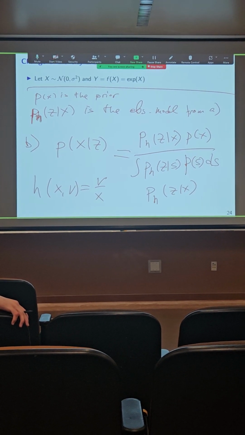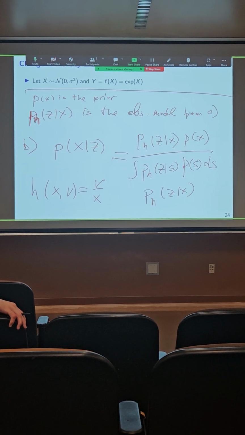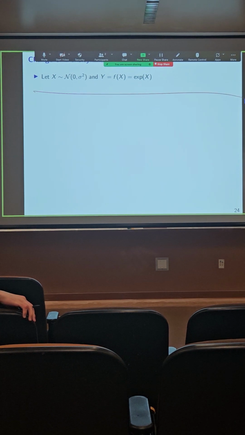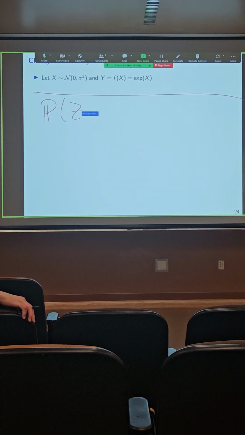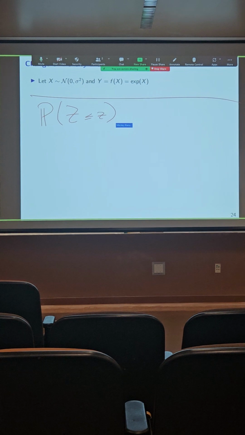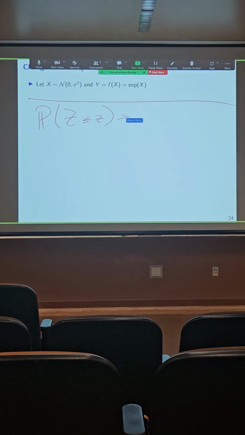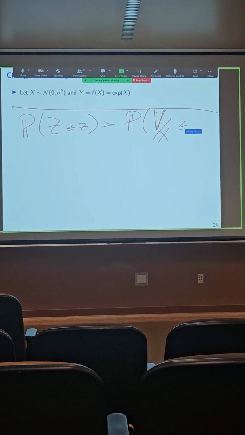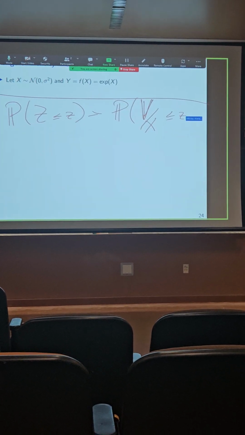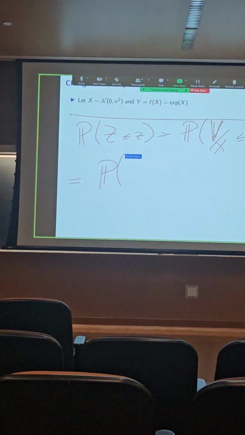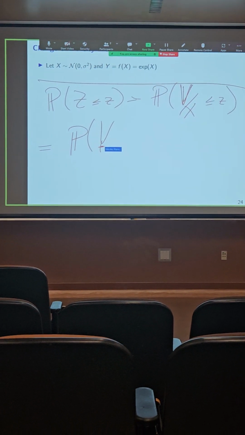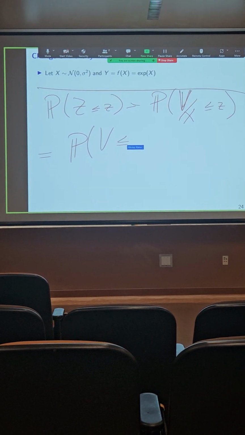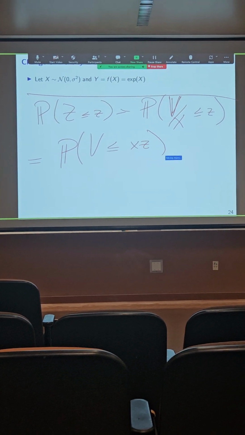As we said, we can either use the change of density formula or we can do the CDF way. Let me give a suggestion for the CDF way. We are trying to find the probability that Z is less than or equal to z. This will be the CDF of z. Let's plug in. It's going to be v over x less than or equal to z, which is the probability that V is less than or equal to x times z.